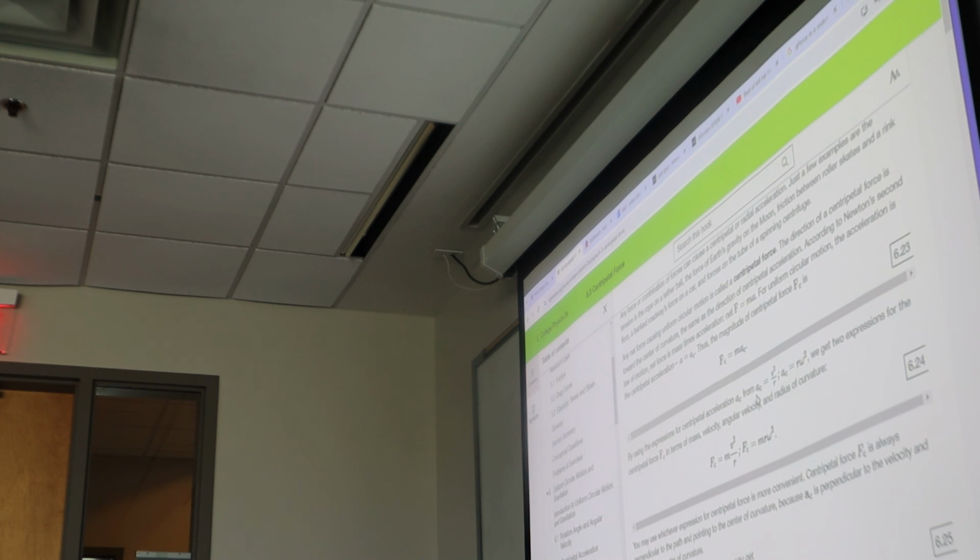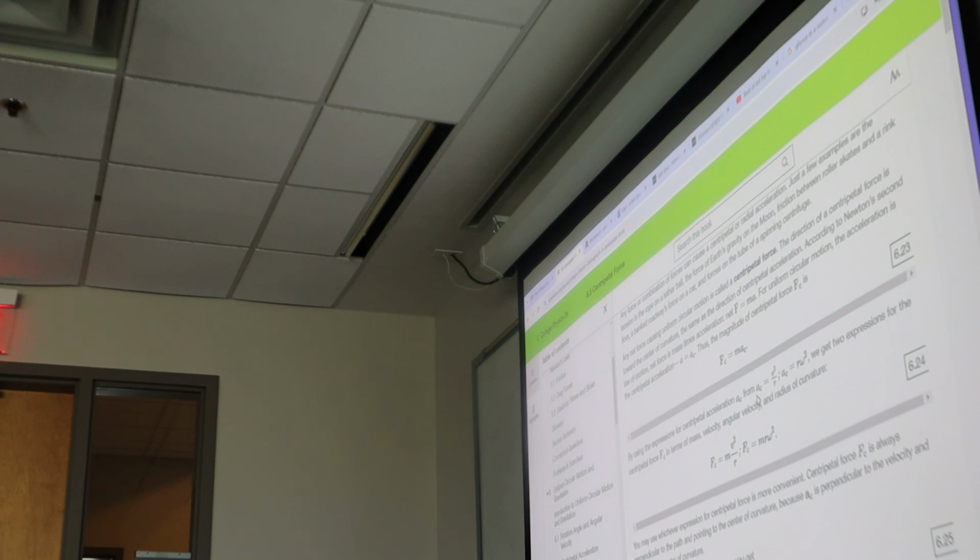Well, it's not really the change in v, but it has to do with delta s, the change of my angular arc angle.